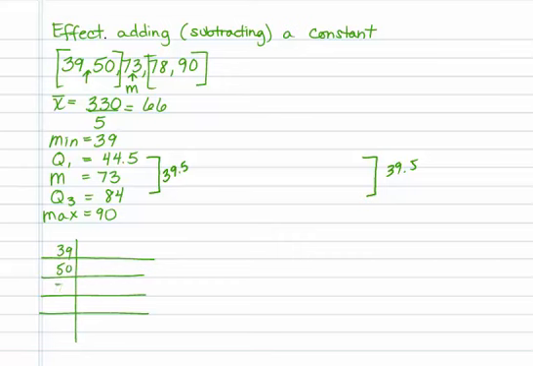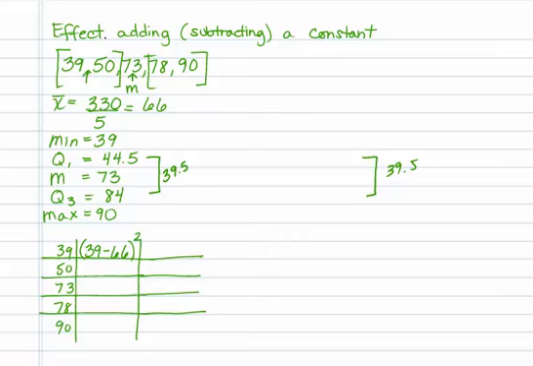39, 50, 73, 78, 90. You take the number and subtract the mean. And then you take that value and you square it.